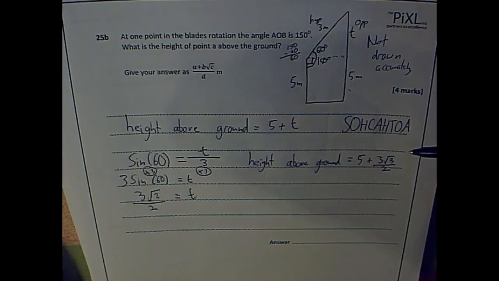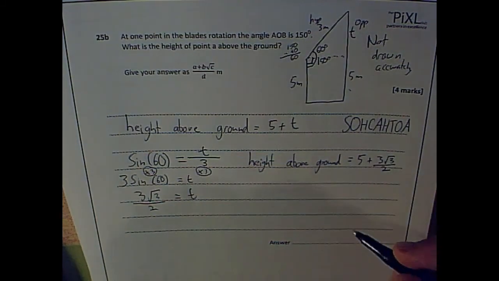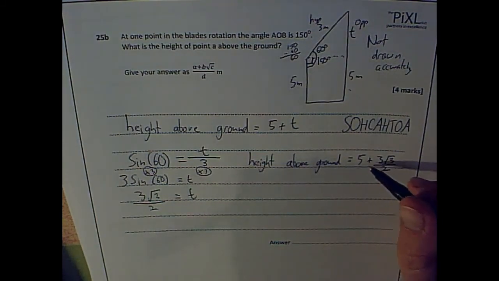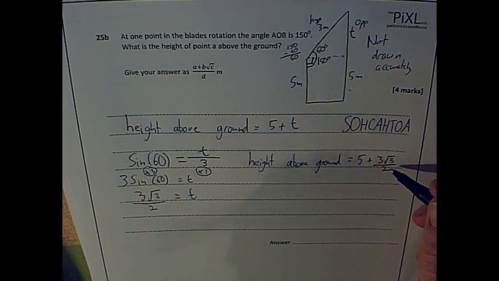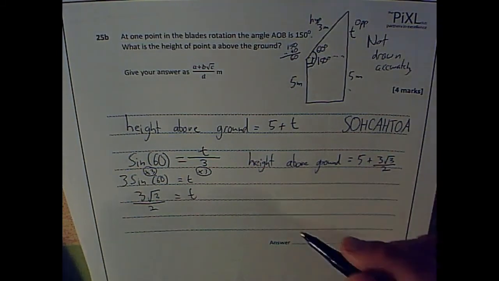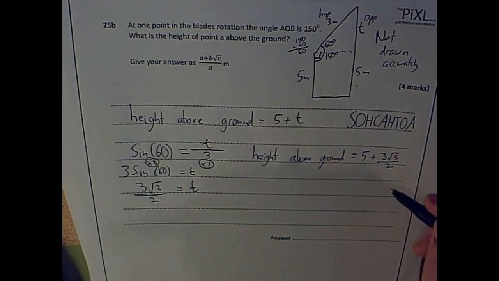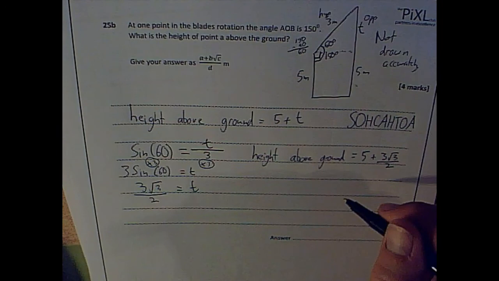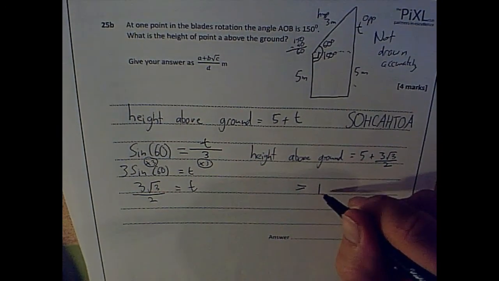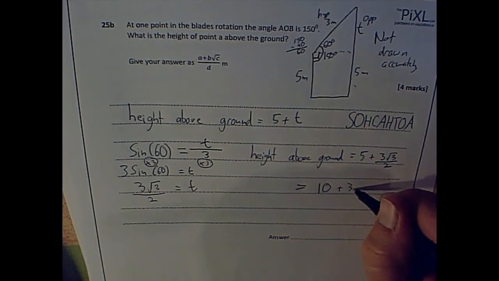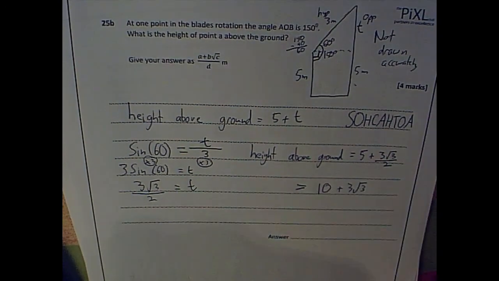And what I can do is say, right, this 5, if I was to include it on the top, 5 plus 3 root 3 over 2, the problem is, it would then be basically the equivalent of 2.5 plus 3 root 3 over 2, which isn't correct. So to keep this as 5, I'm going to say that 5 plus 3 root 3 over 2 is the same as 10 plus 3 root 3, all over 2.